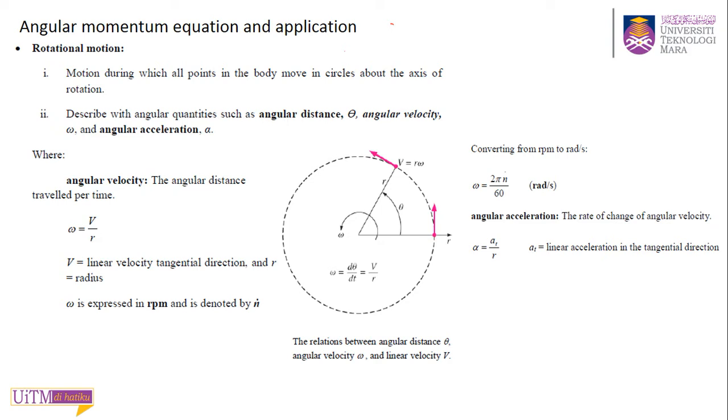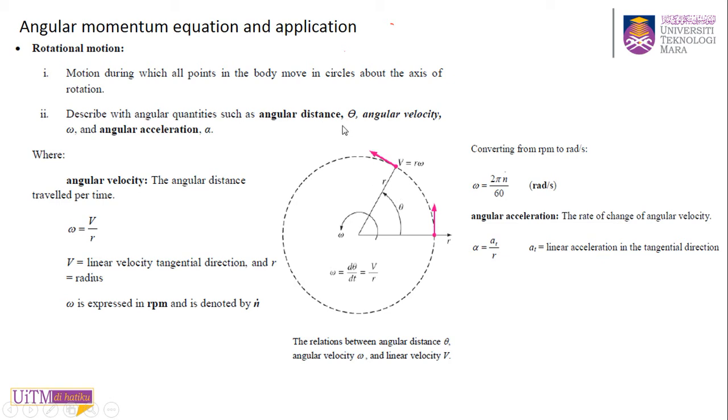Okay, so you have the angular distance, and if you look at this diagram and this circle shape, where your point is moving in rotation, there are many examples of things that move in a rotating way. So this point is moving along this shape.